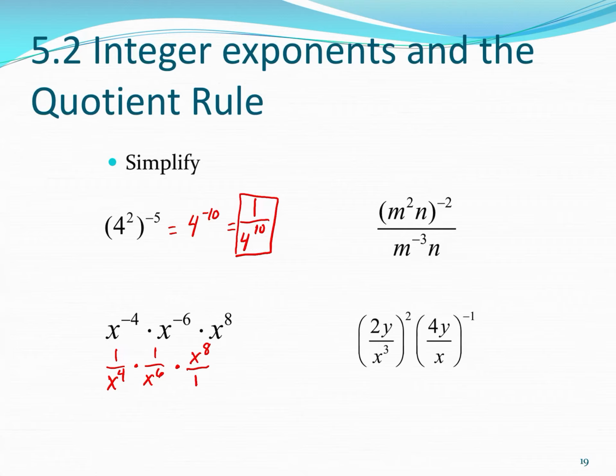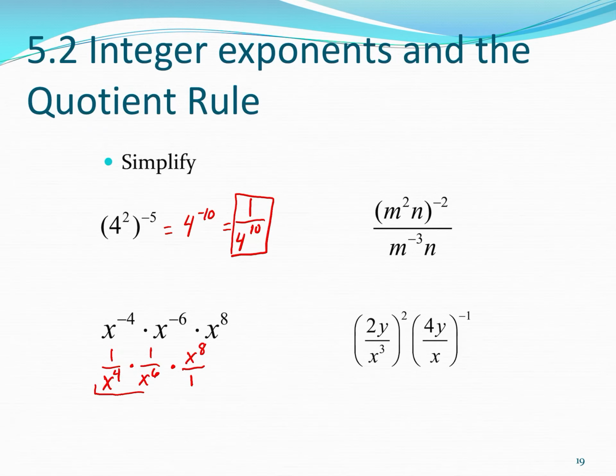And we can do the same thing with x to the negative 6, write it as 1 over x to the positive 6th. And then it's being multiplied by this x to the 8th. And I'm going to write it as x to the 8th over 1. And the reason I do that is because I want you to see that it is on top. When you're multiplying these fractions, that x to the 8th is on top. Now, we got rid of the negative exponents.